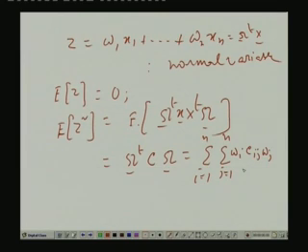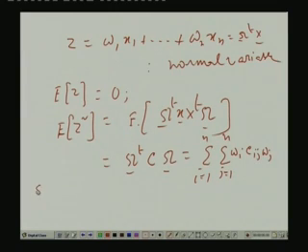Now, you remember one thing. Long back we considered that suppose there is a Gaussian random variable.